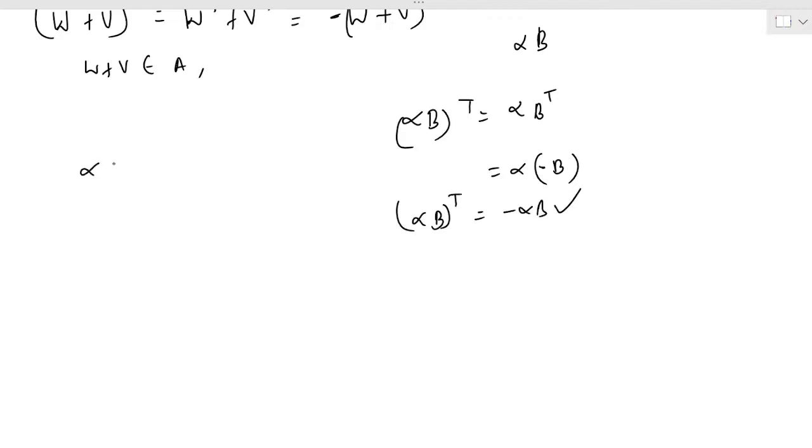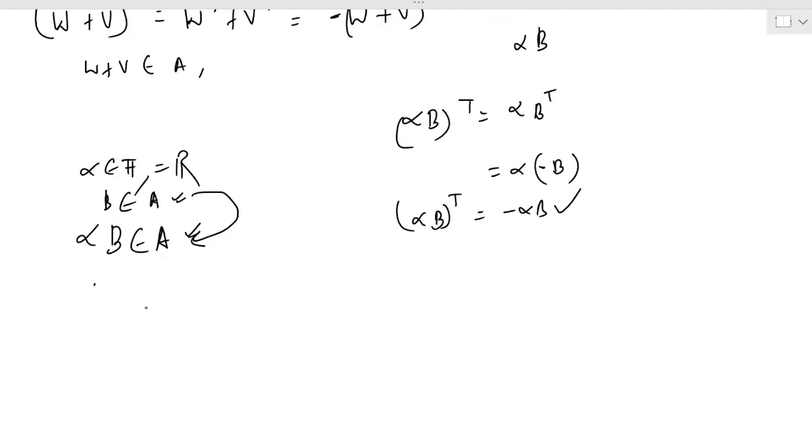Alpha belongs to the field F, or real numbers in this particular case. So if B belongs to the set of skew symmetric matrices, then alpha B also belongs to the set of skew symmetric matrices.